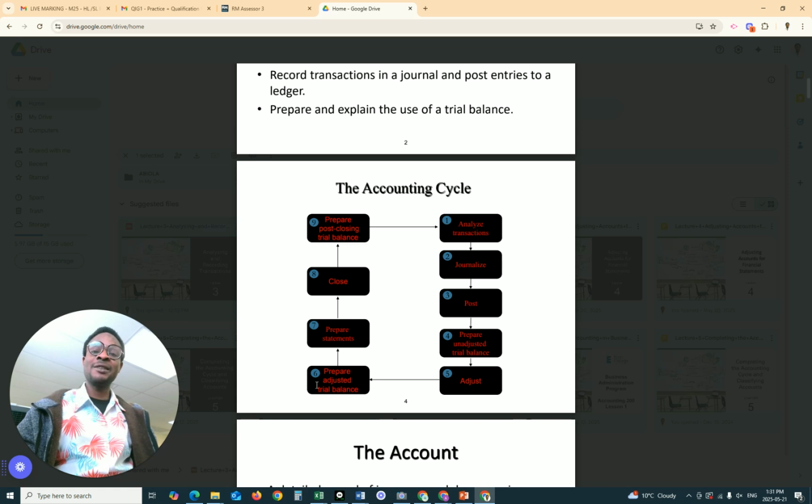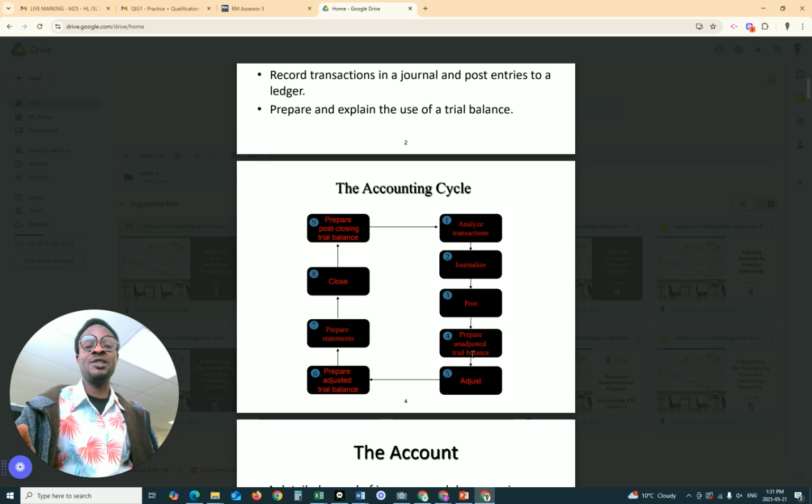The trial balance has to be adjusted before you prepare the final statements. For emphasis, if the trial balance is not adjusted, let's say you prepare the financial statements from the unadjusted trial balance, the risk is that the financial statements will not balance.